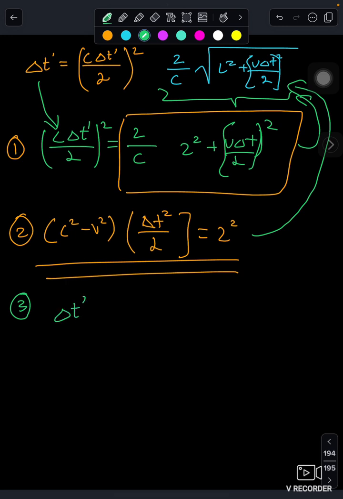T delta equal 2L over C over 1 minus V square over C square.